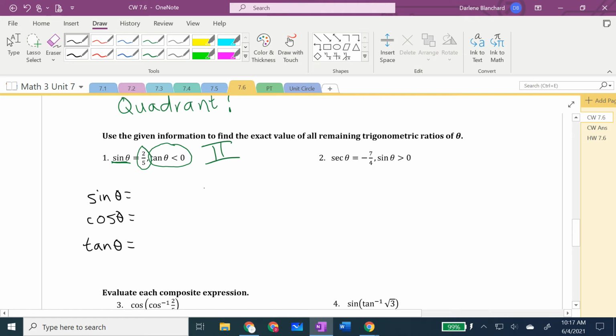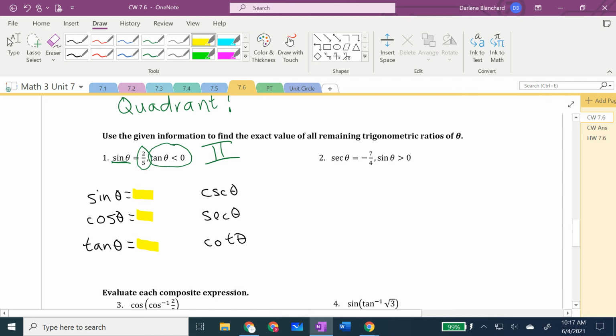So reciprocal of sine is cosecant, reciprocal of cosine is secant, reciprocal of tangent is cotangent. If we can find out what our SOHCAHTOA is equal to, to find the other 3, all we have to do is reciprocate, and that's it.